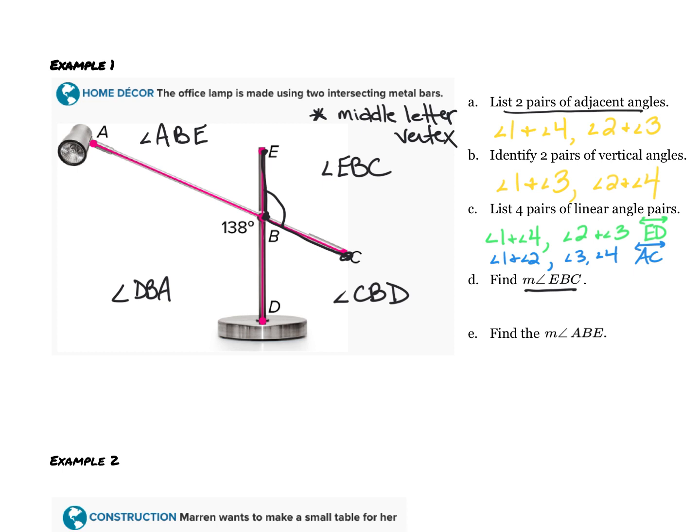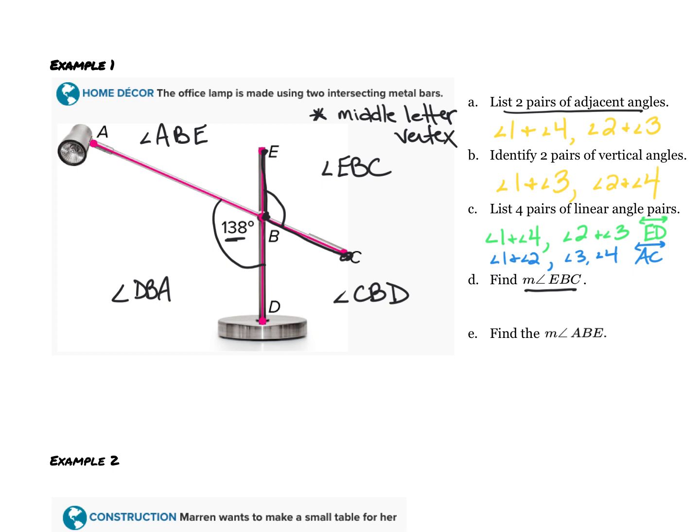Now, based on our new definition of vertical angles, we know that angle ABC, along with this angle here, DBA, they are vertical.